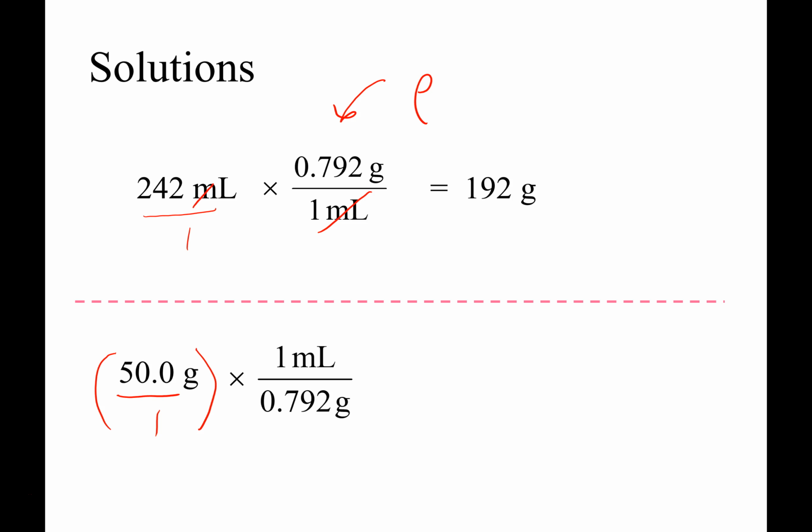So 1 milliliter over 0.792 grams, grams will cancel, and we're left with units of milliliters. How many sig figs? Yep, 3. Those are both the density. And I got 63.1 milliliters. We're even going to get out early because I'm not going on to the next part. Any questions about this one?